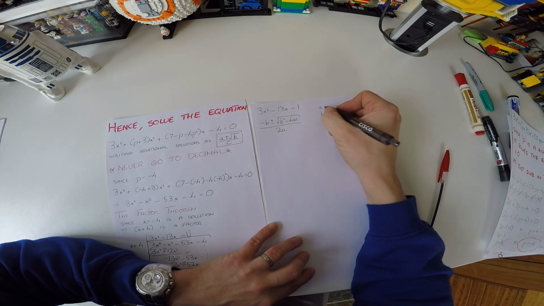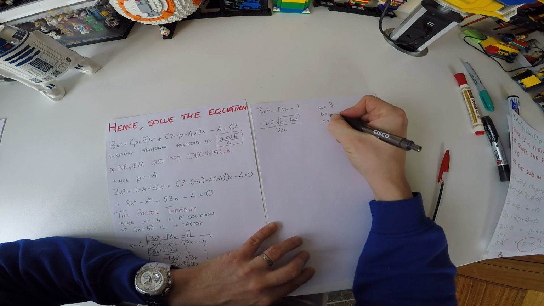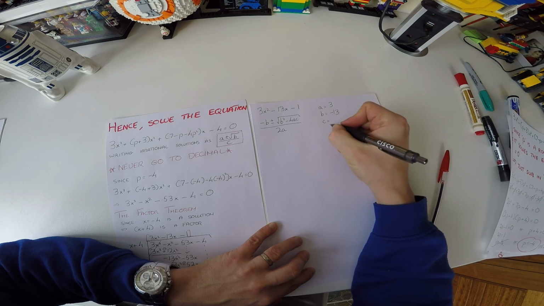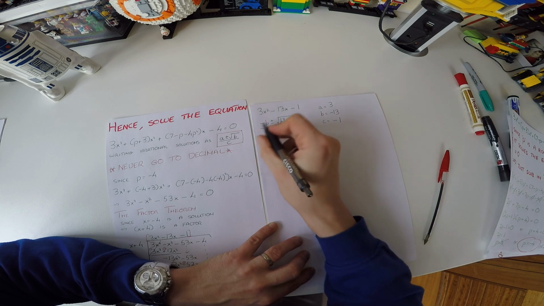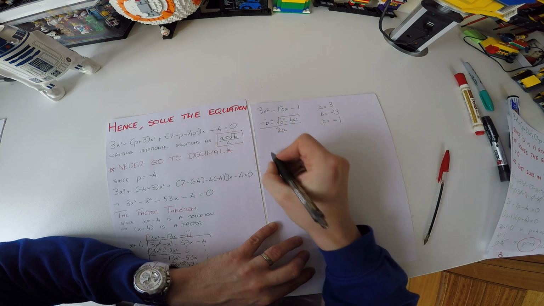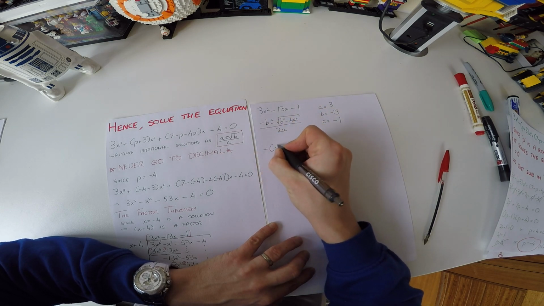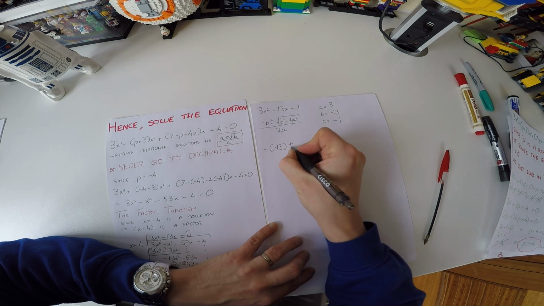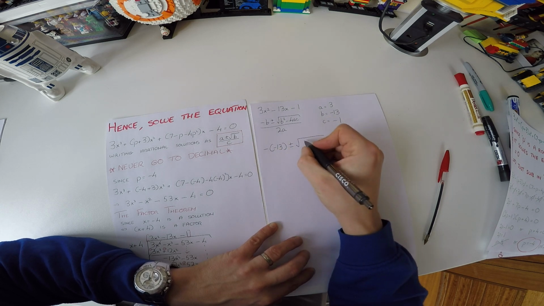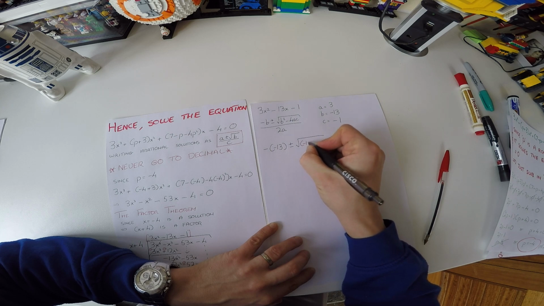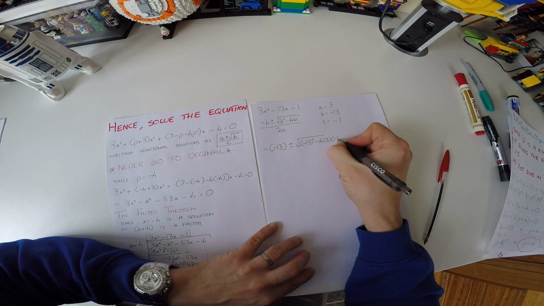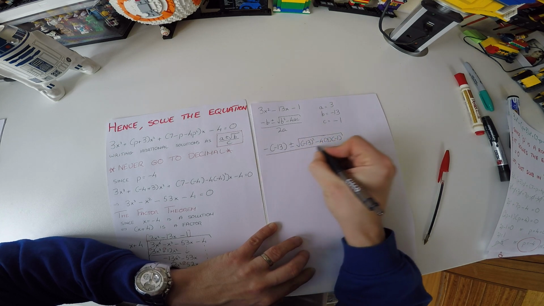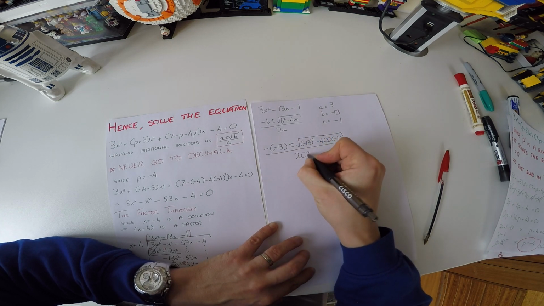So a here is the coefficient of x squared, which is 3. b is the coefficient of x, which is minus 13. And c is the constant on its own, which is minus 1. So replacing these letters by these numbers gives us minus 13 plus or minus the square root of minus 13 squared minus 4 times 3 times minus 1, all over 2 times a, which is 2 times 3.